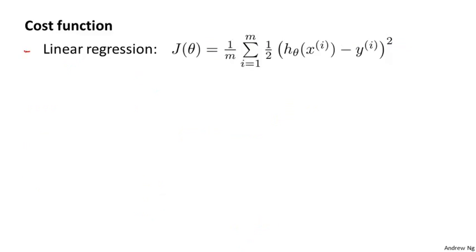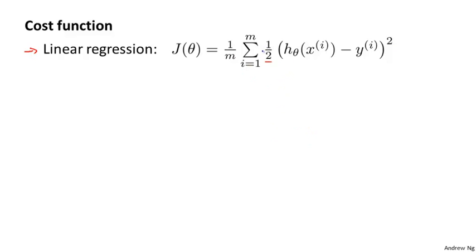Back when we were developing the linear regression model, we used the following cost function. I've written this slightly differently, where instead of 1 over 2m, I've taken the 1/2 and put it inside the summation instead. Now, I want to use an alternative way of writing out this cost function.